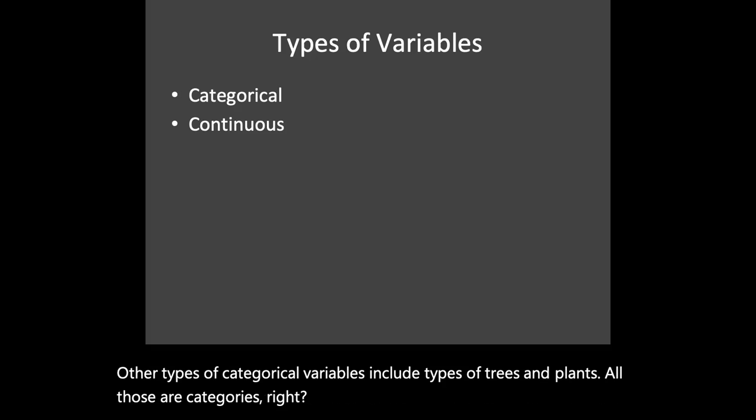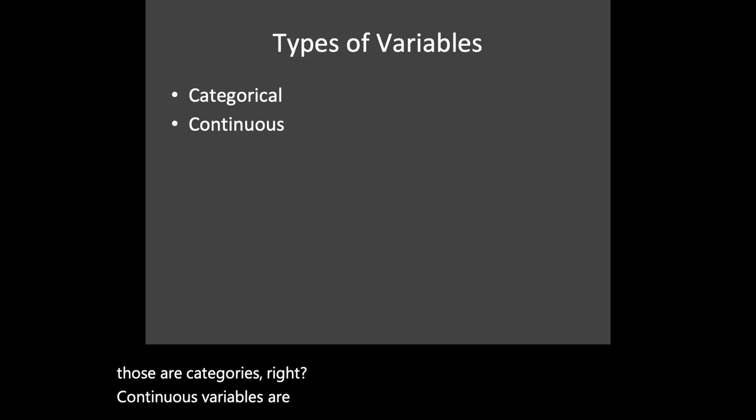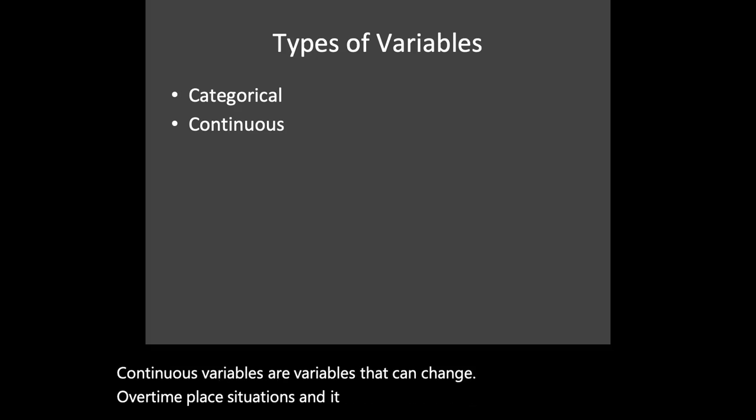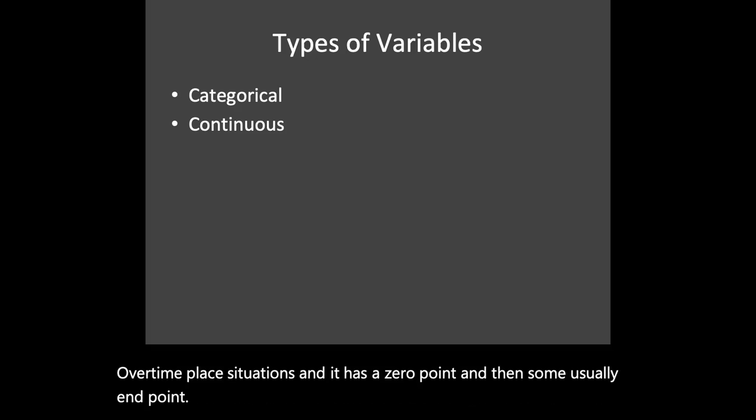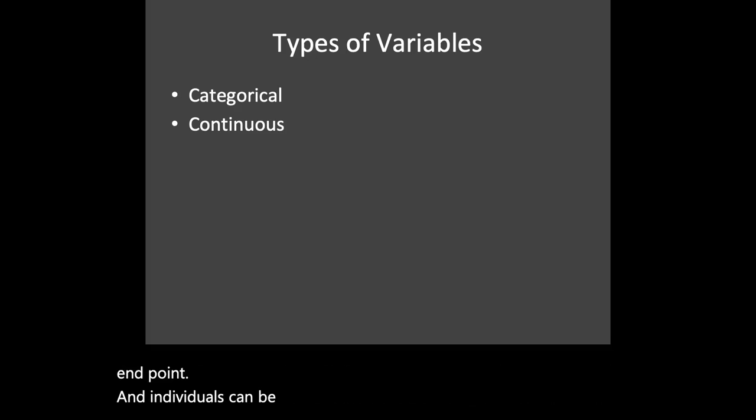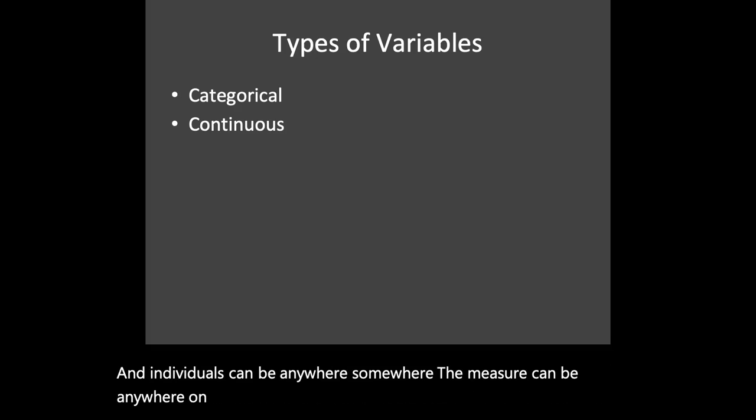Continuous variables are variables that can change over time, place, situations, and it has a 0 point and then usually some end point. And individuals can be anywhere on this continuum. All right. Some very solid examples of continuous variables are age.